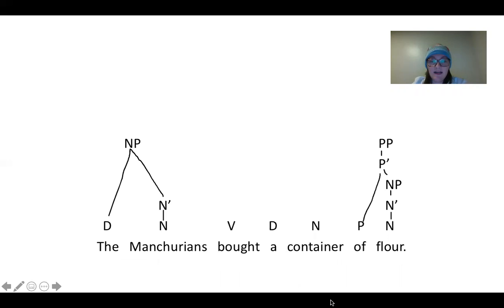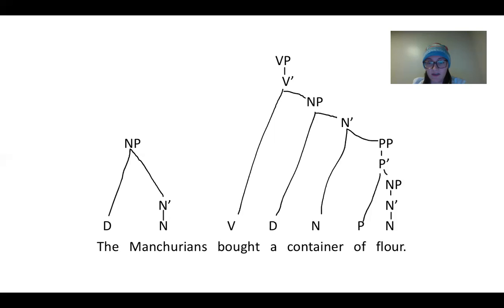So I started putting together the prepositional phrase, and I put together the noun phrase. I put together the prepositional phrase so I could fit it into the noun phrase so I can connect it to the container.